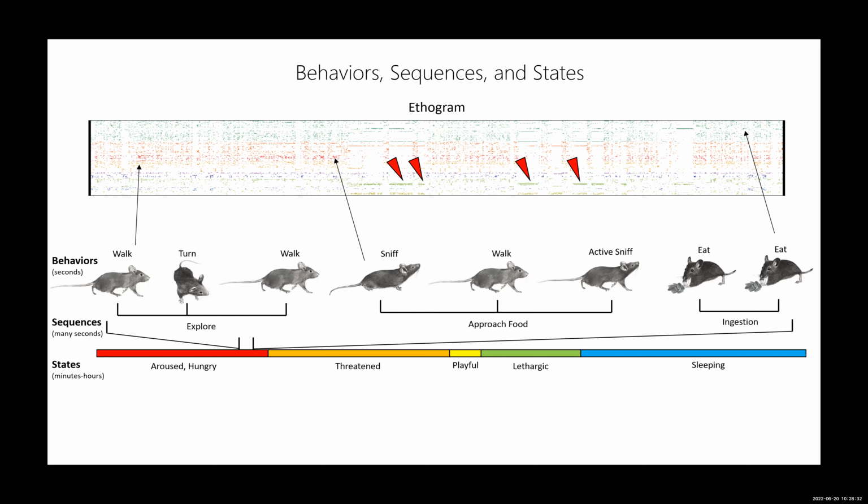If the animal is sleeping, of course, it's going to engage in certain types of behaviors that it wouldn't otherwise engage in when aroused and hungry. So we went into the data to see whether we could find evidence for these different types of behavioral units, which might all be modulated in response to drugs or in animals with different disease phenotypes, different disease states.